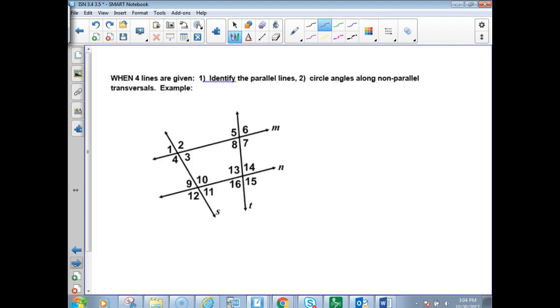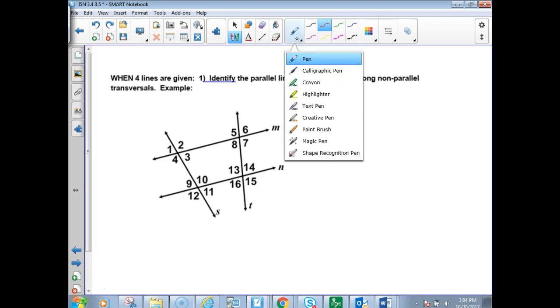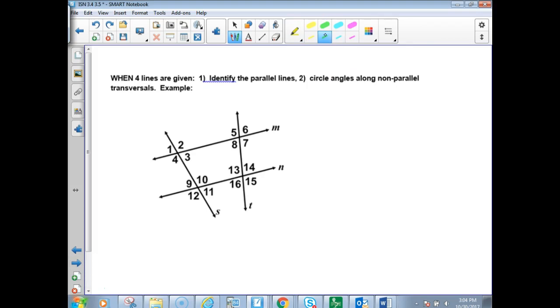So then from here, we haven't got that, right? Okay. So what I would like, highlighters really help on this concept. It says identify the parallel lines. Yep, M and N. That's just the ISN. We're working in our Chapter 3 ISN, finishing it up. This guy here.